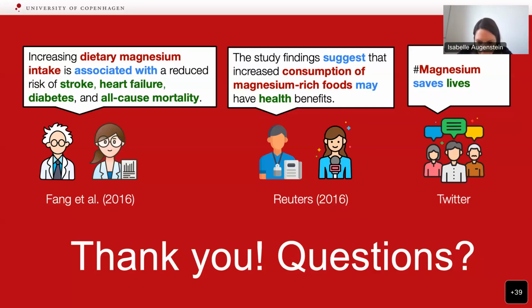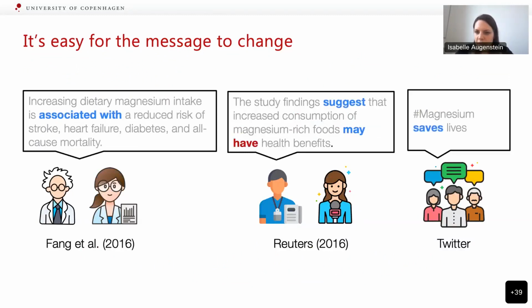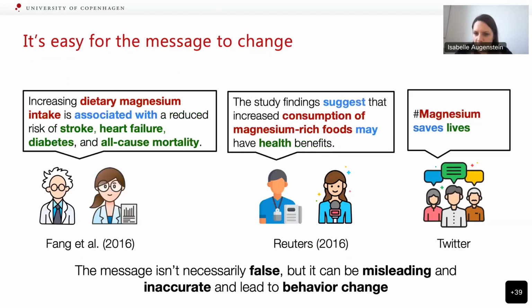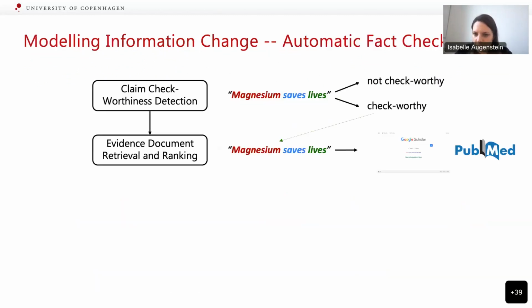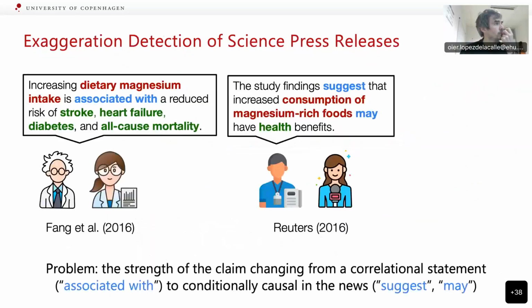Let me see if I can find it again. No, I don't have it here. I don't remember the exact formulation. I'm sorry, I can't easily find it now, but it's in the paper. Okay, I'm going to read it then. Thank you. Sorry about that.